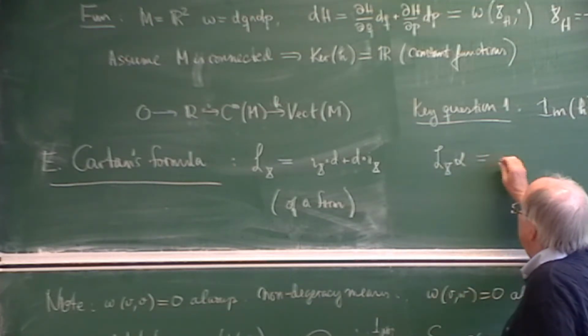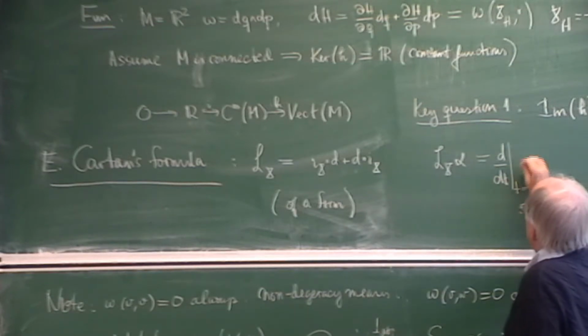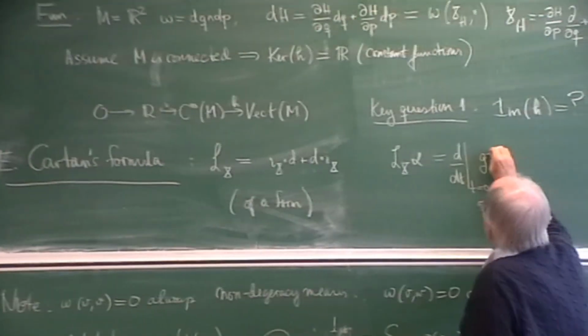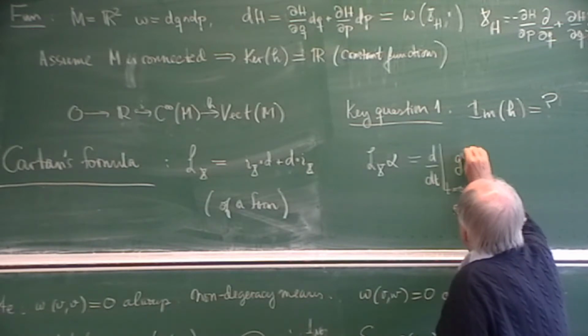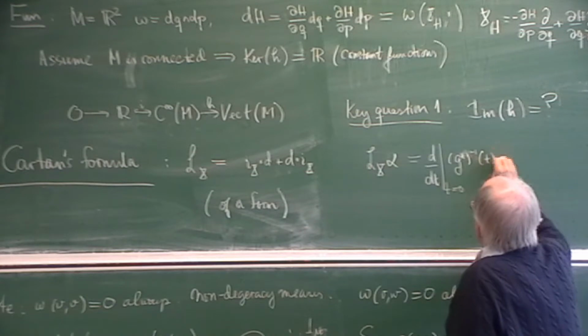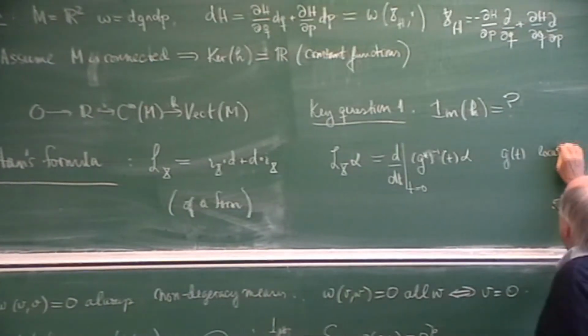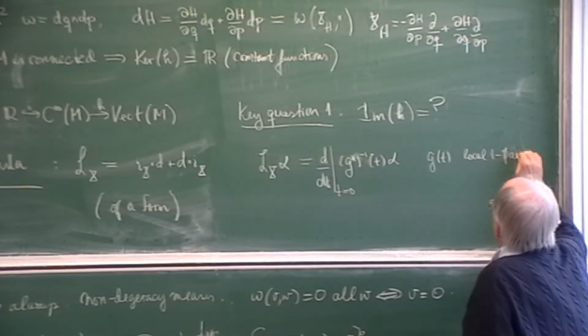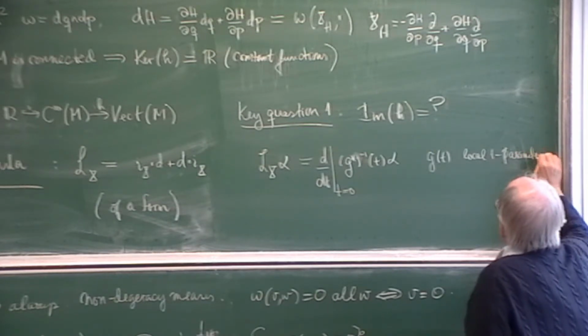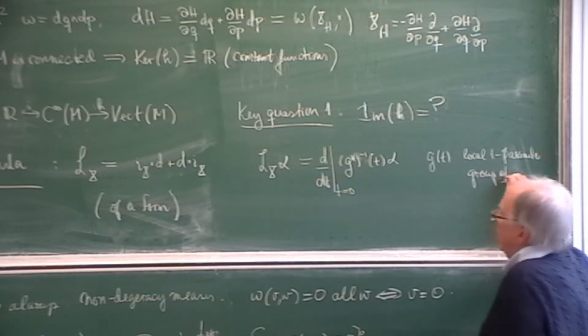This is d/dt, you differentiate it, of g_t inverse star of alpha, where g_t is the local one parameter group of X.